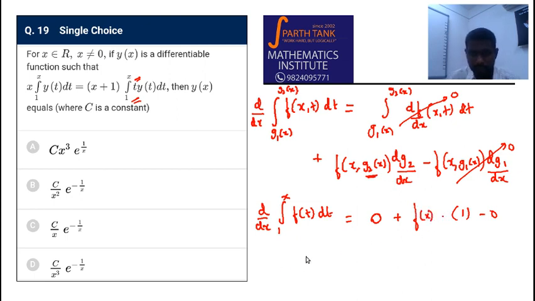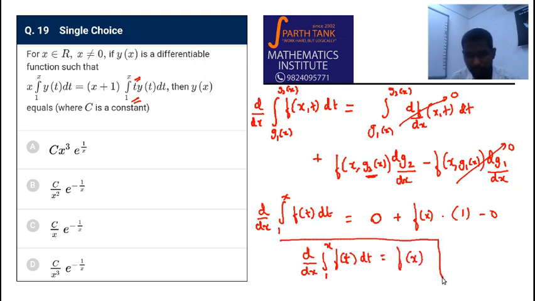So what we have is d by dx of integral 1 to x f of t dt is f of x, remember. So in our problem, whenever we are going to differentiate any integral of this form, integral 1 to x, something there, it's going to be just that function with x replacing t. Understood? D by dx of integral 1 to x f of t dt is just f of x.